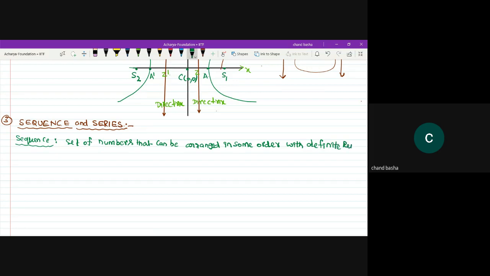One rule should be there, with a definite rule or formula.